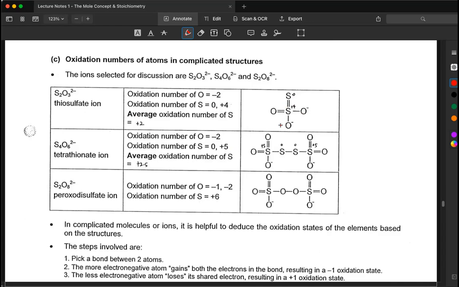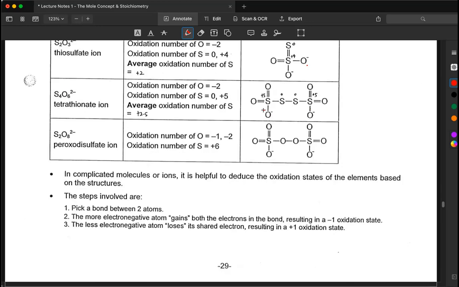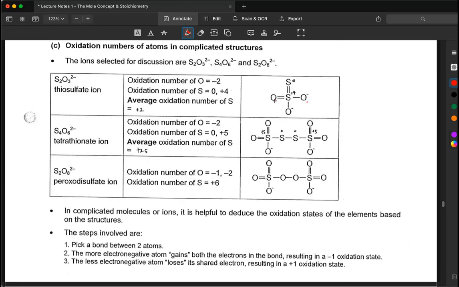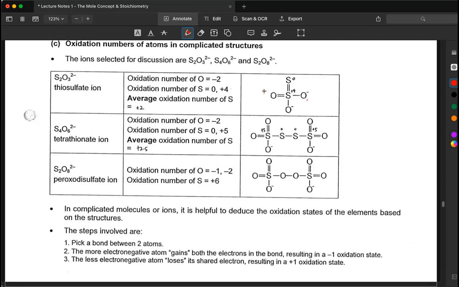So for sulfur, oxygen here is -2 by itself. O- means that this is -1.